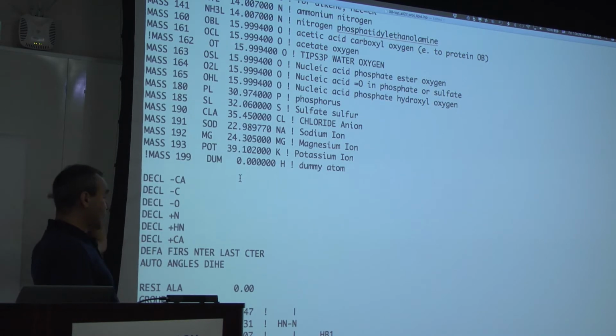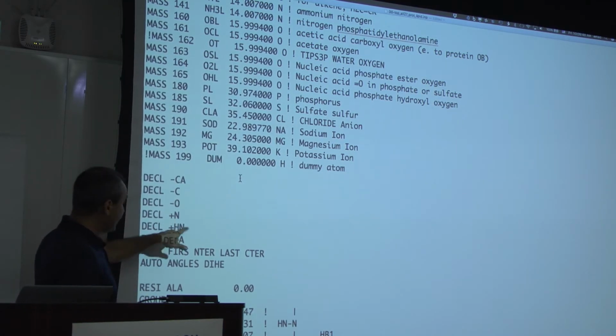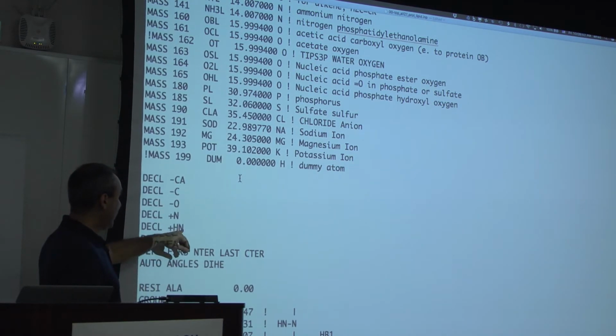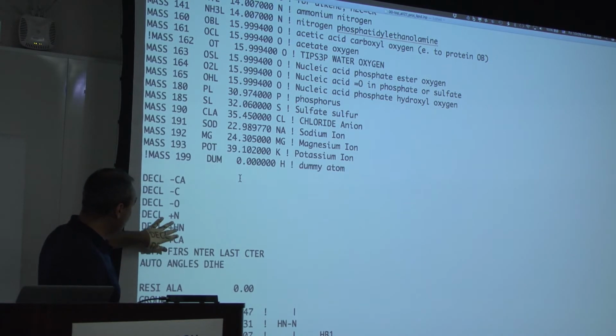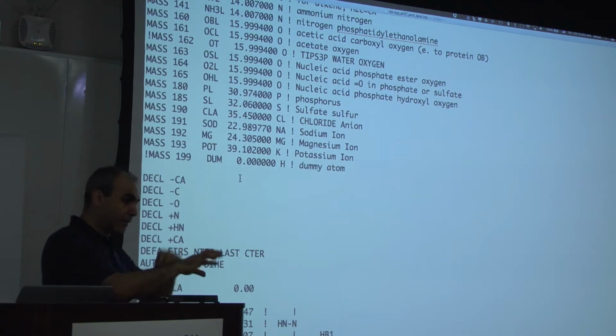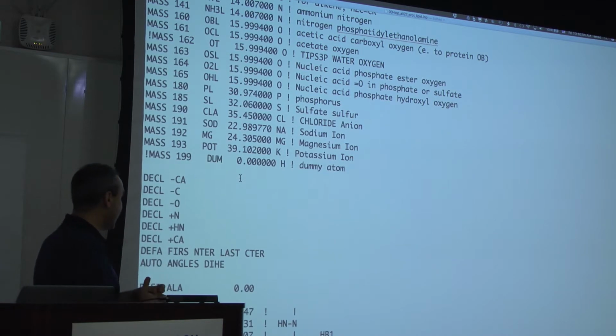Minus O is the oxygen of the previous residue, sorry, not atom. Plus N is the nitrogen of the next side chain, the hydrogen connected to that, and the C alpha. So these are a few new names that don't exist in the PDB, but when you're putting amino acids together to form a peptide chain, you need them to define the bonds and angles.